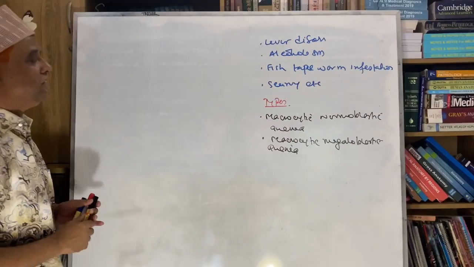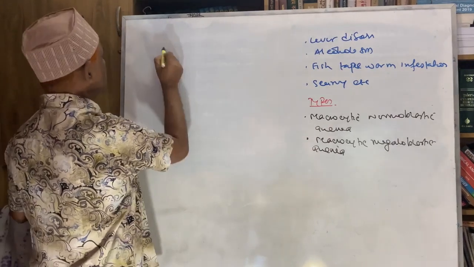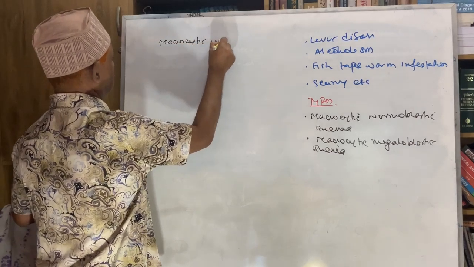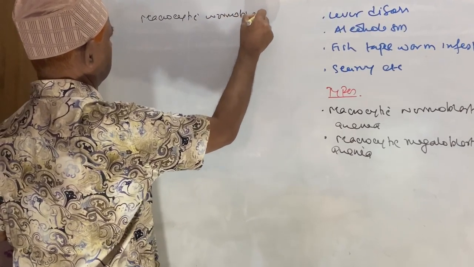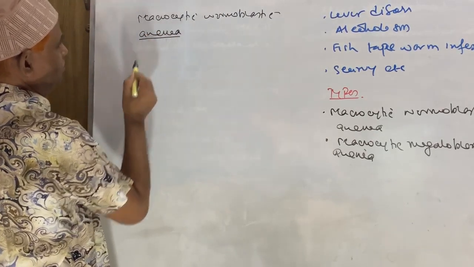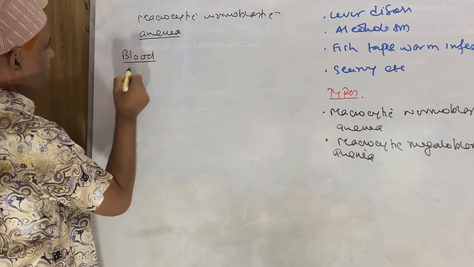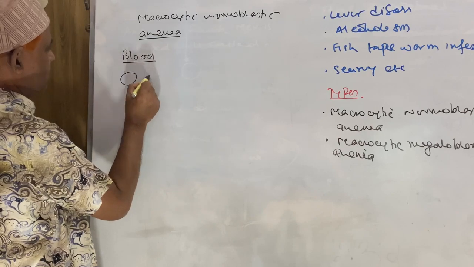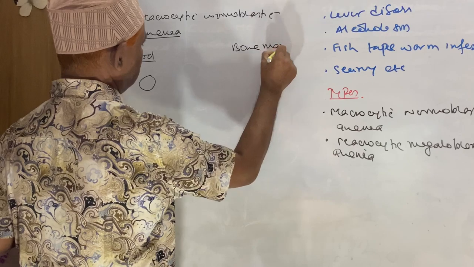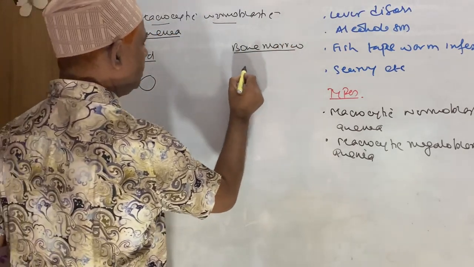Students, what do we mean by macrocytic normoblastic anemia? In macrocytic normoblastic anemia, in blood we will get macrocyte, and in bone marrow we will get the normoblast.